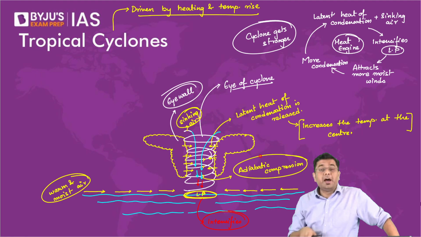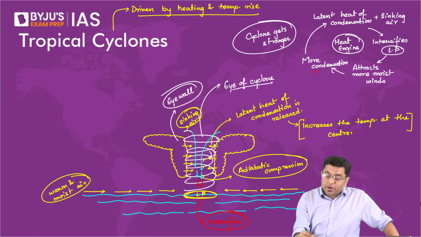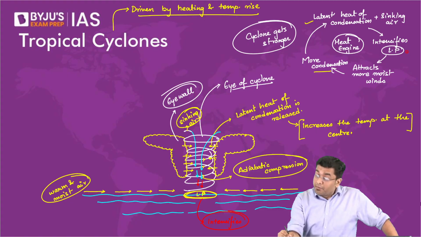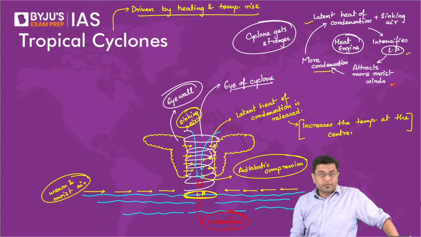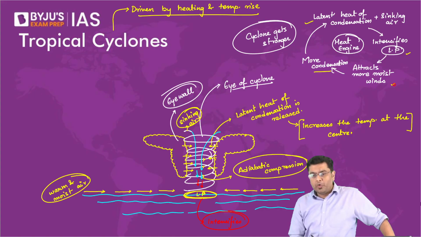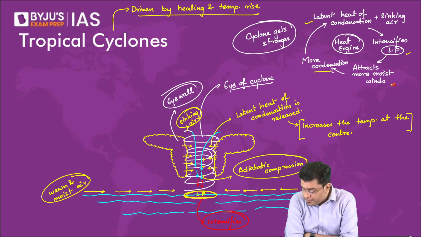And when you have moist air, that is when you will have greater condensation. Greater condensation means more latent heat will be released, which means much more intensified low pressure, which means more winds will be attracted. Now, at the eye of the cyclone, will the temperature be higher or lower? What do you think?